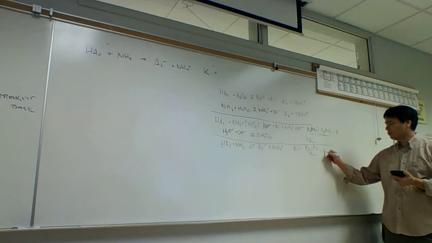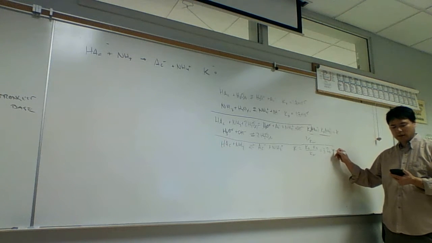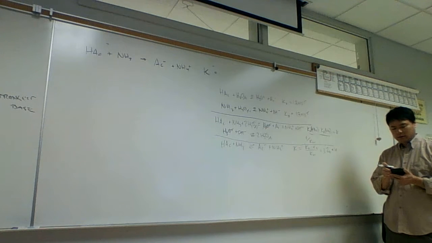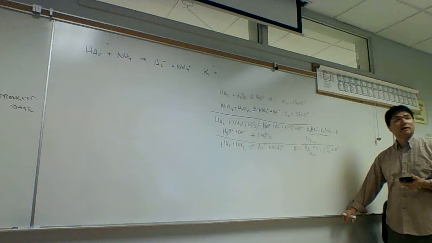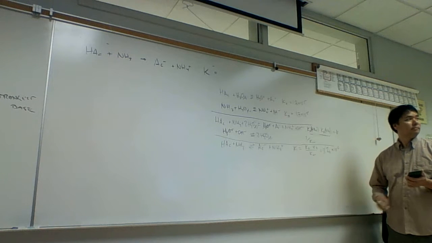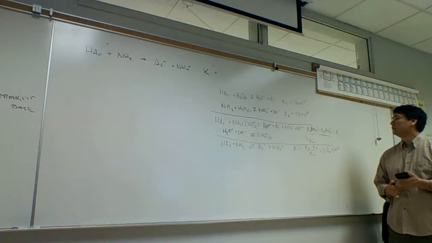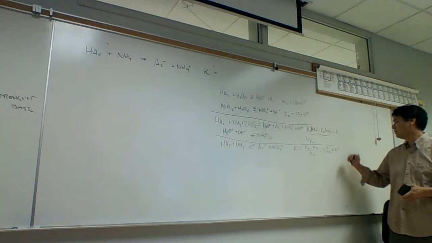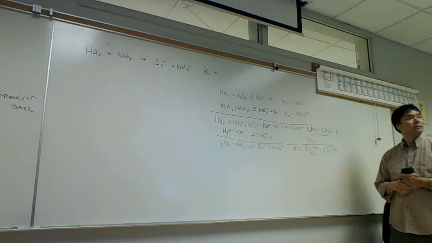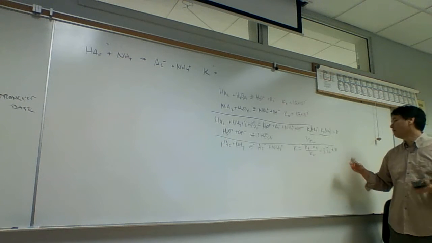I get 3.24 times 10 to the 6. Is that what you guys got? No? 10 to the 4th? I screwed that up. But yeah, I'm not very familiar with this calculator. 10 to the 4th? Is that what other people got? Yes. All right, 10 to the 4th it is.